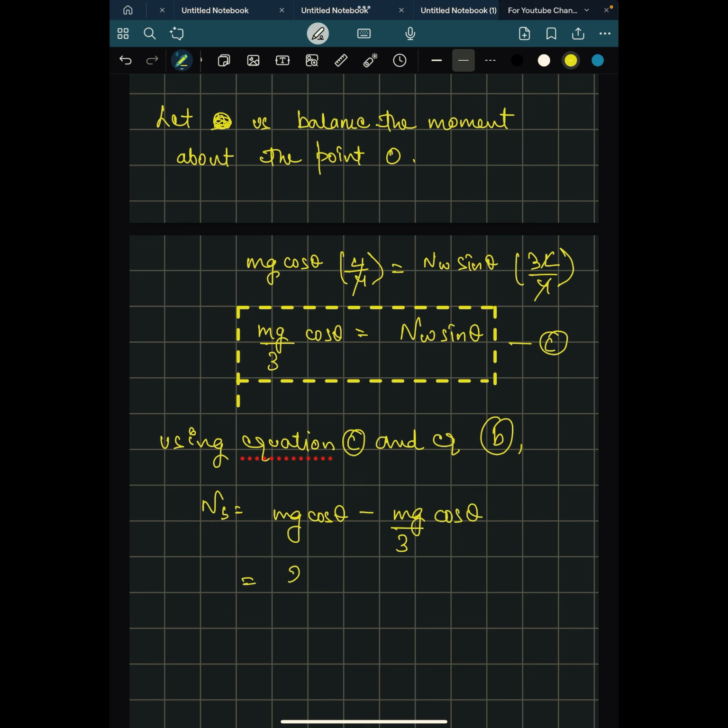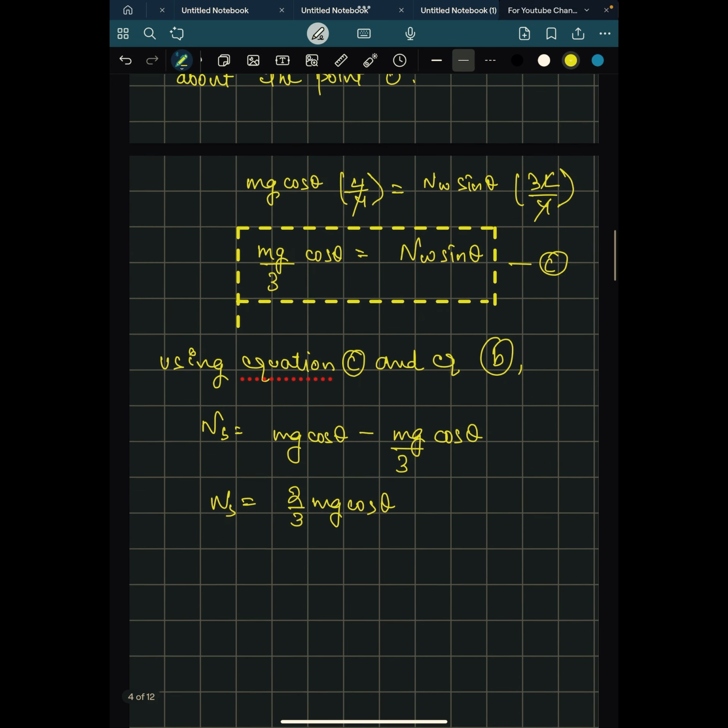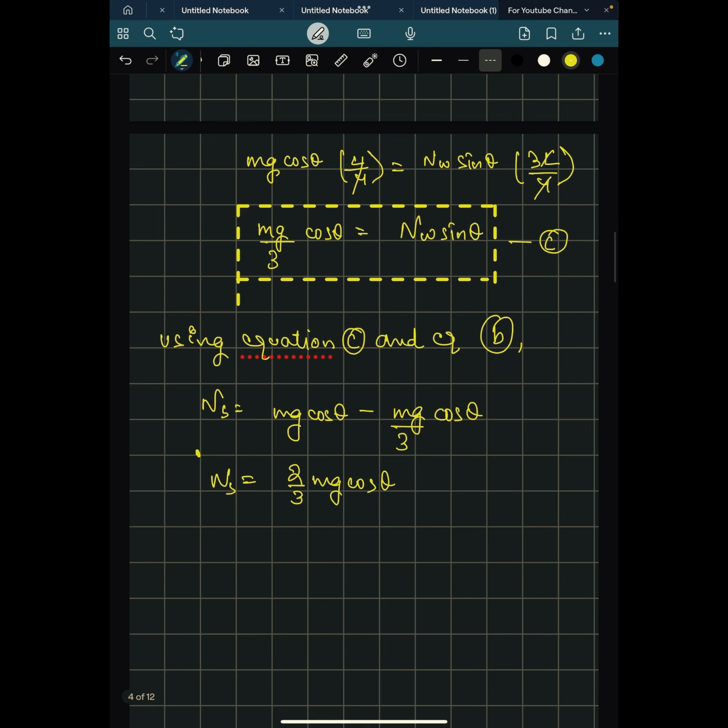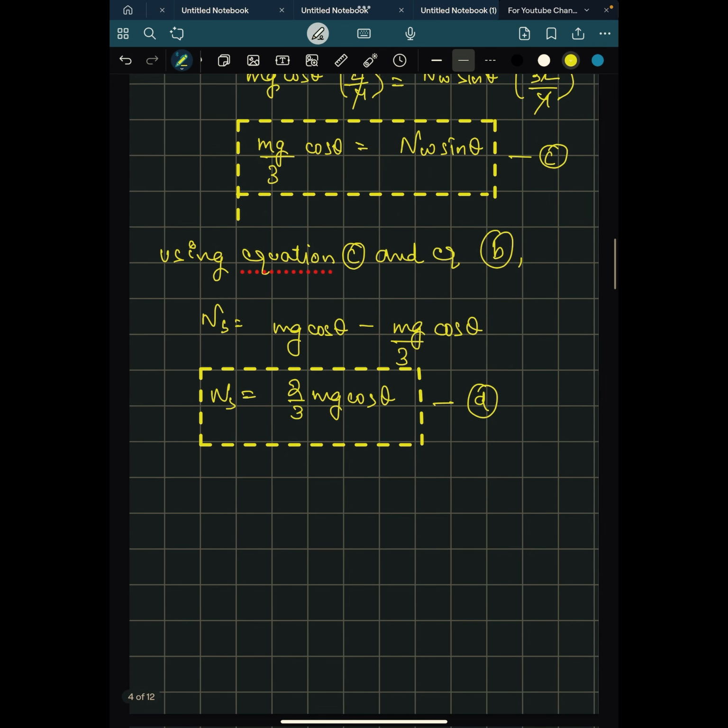This comes out to be 2 by 3 mg cos theta. So this is the value of the Ns. Okay, so let's put it in a square box so that it can be easily identified later when we are looking for it. Let's call this equation D. Okay, so now we have Ns.